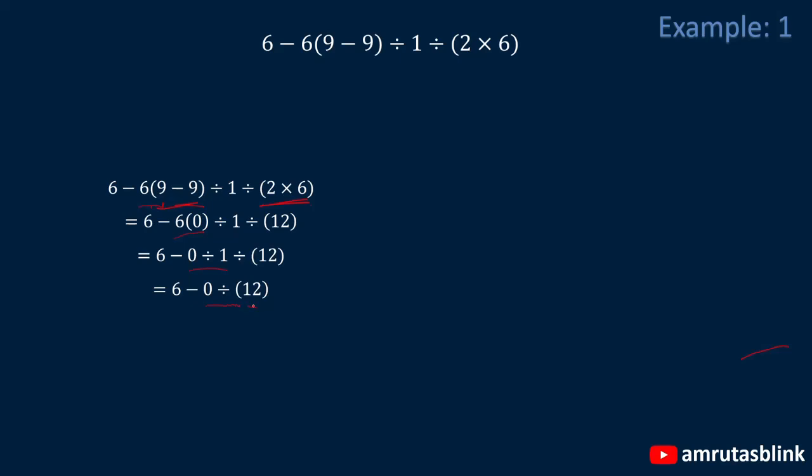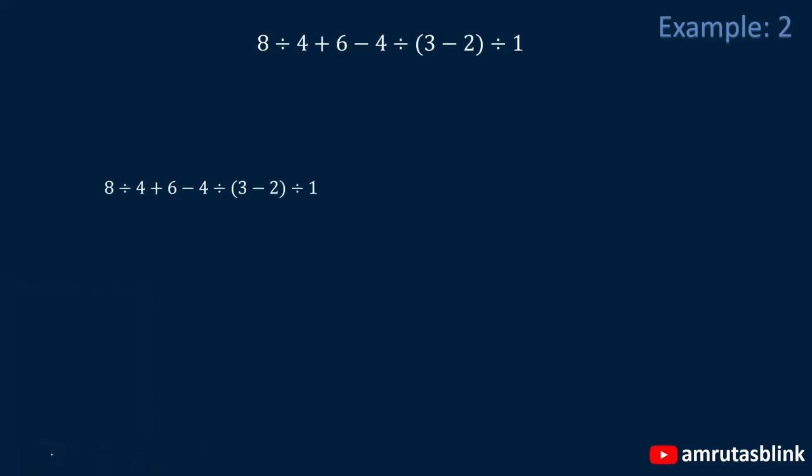Then we have to solve this division. 0 divided by 12 is equal to again 0. So 6 minus 0 is equal to 6. So finally, the answer of this given expression, that is 6 minus 6 into 9 minus 9 divided by 1 divided by 2 into 6, is equal to 6.